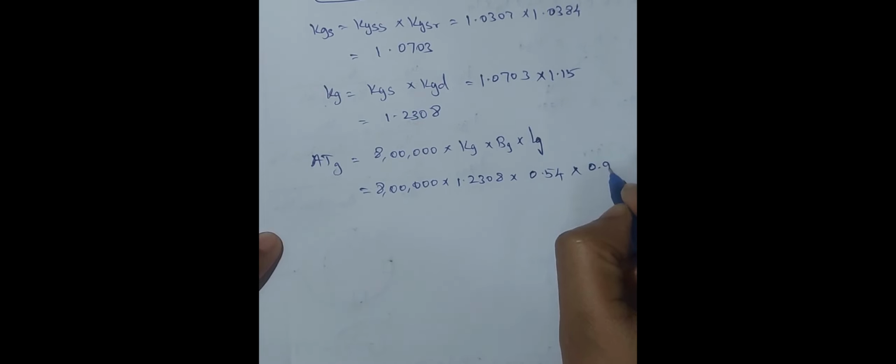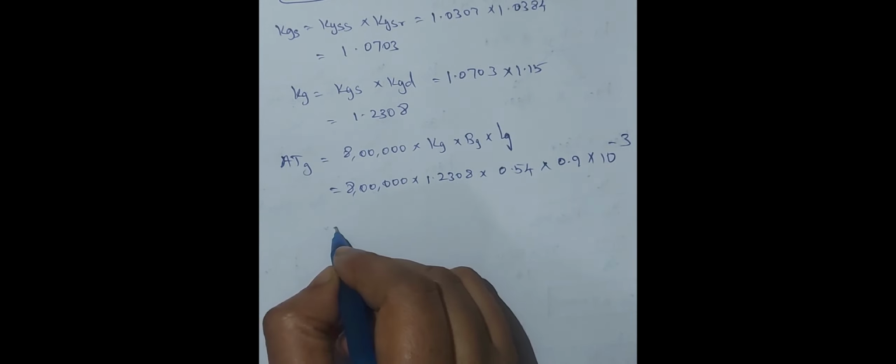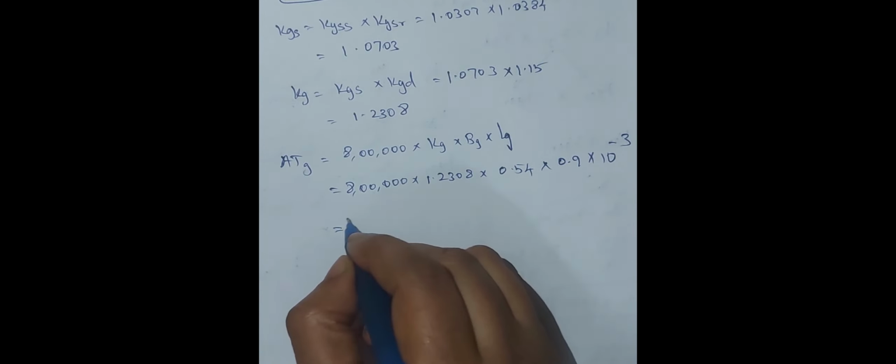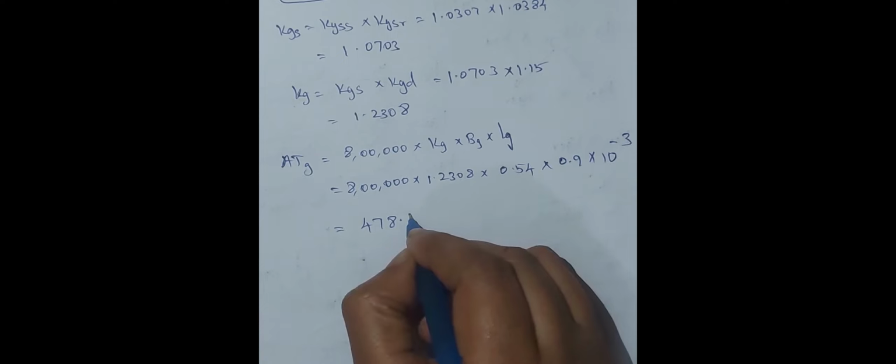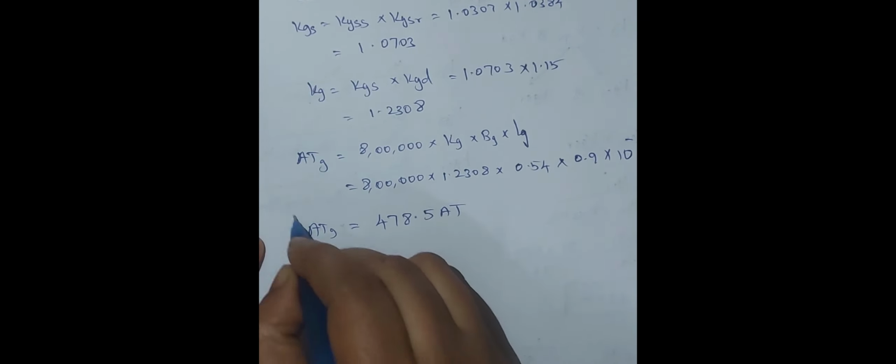It is given in the problem as 0.9 into 10 power minus 3. Multiplying all this, we will get 478.5 ampere turns. This is the MMF in the air gap.